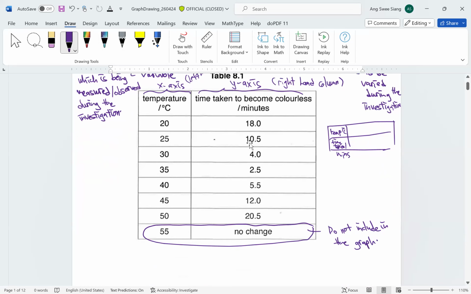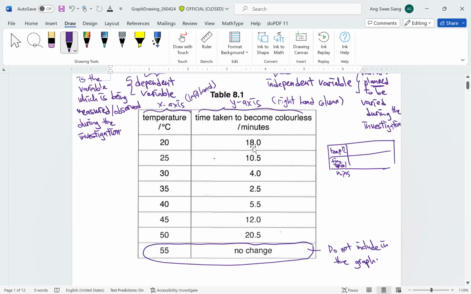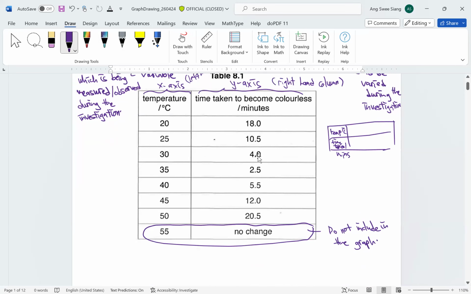So come back to graph drawing again. First thing first, you need to ask yourself what is the y-axis and what is the x-axis. Next, you need to identify the highest value and the lowest value on the x-axis and the y-axis. The highest value for temperature is 50 and the lowest is 20.